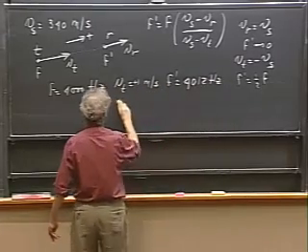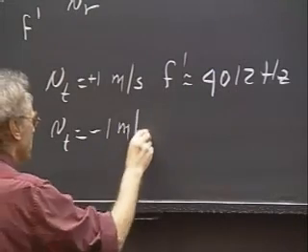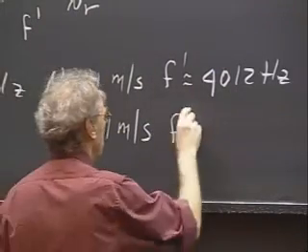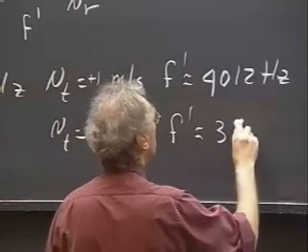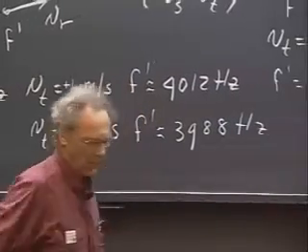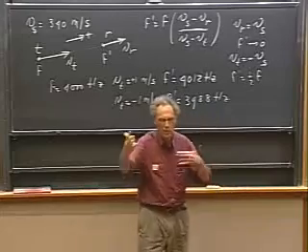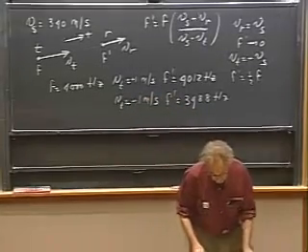And then I will move my hand away from you with about 1 meter per second, so I have to put a minus sign in there, and then I will find that the frequency that you will hear is about 3,988 hertz. And the nice thing about this demonstration is that the difference between the motions is 24 hertz, and you can very easily hear that.